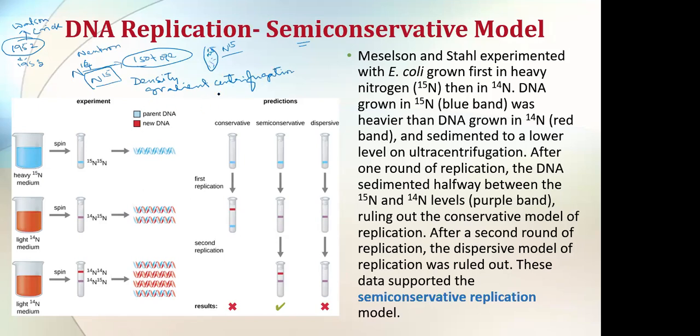This process helps to make all the DNA form a band. You can see that all the DNA gets separated based on their density, and you can see the different bands based on the density.